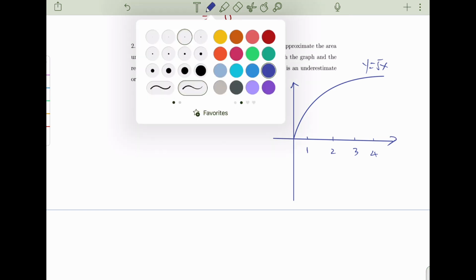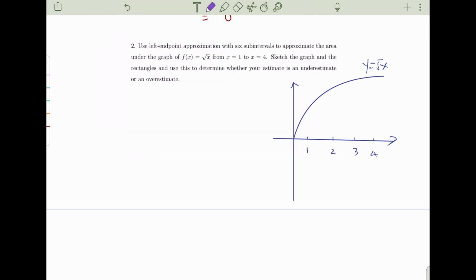So the length of the total interval is 4 minus 1, that is 3, divided by the number of intervals 6, which is equal to 1 over 2. So you see that the length of each small interval is 1/2.